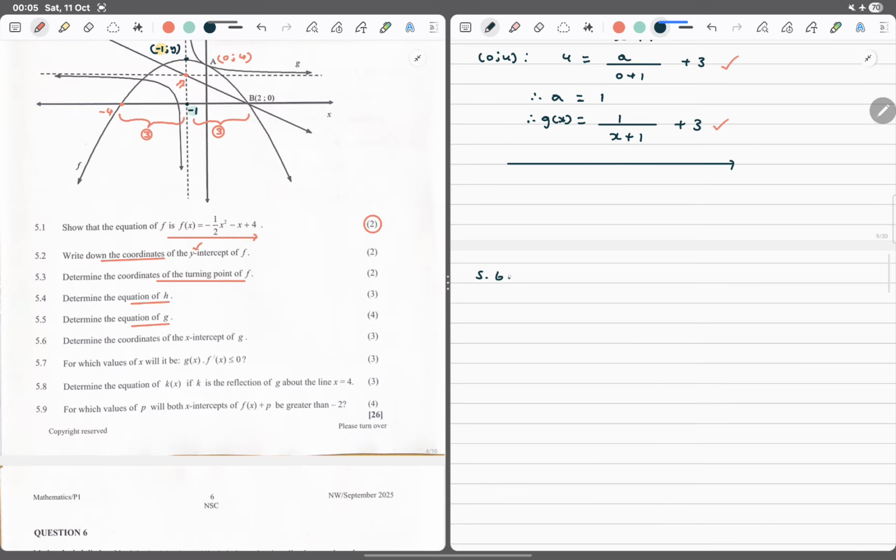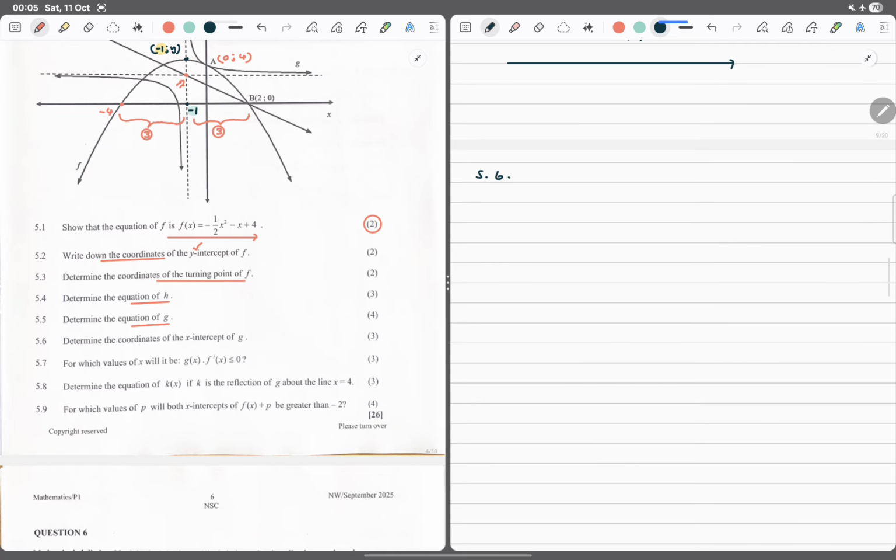5.6 says we want the coordinates of the x-intercept of g. For the x-intercept of g, this is this point over here. So we can look for it. It is such that we've got 0 is equal to 1 over x plus 1, plus 3.